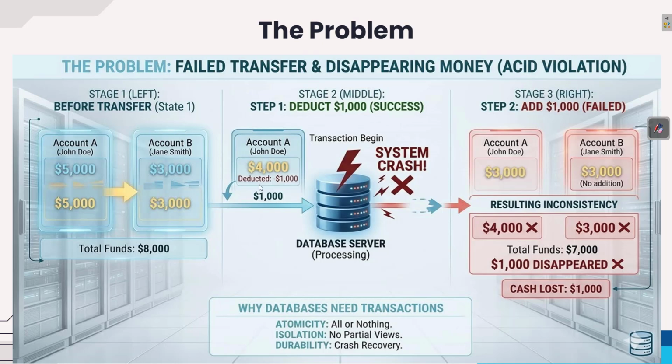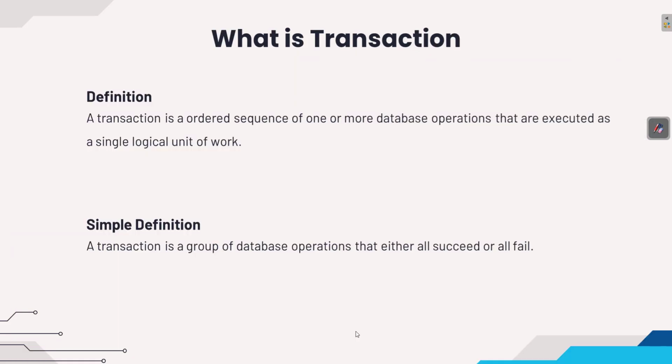In the previous example we have two operations: one is deducting from account A and the second is adding to account B. The transaction makes sure all the steps, maybe two or more, are done successfully or nothing. So total funds remain $8,000. If there is some issue, then the deduction from account A is also rolled back. This is what a transaction makes sure.